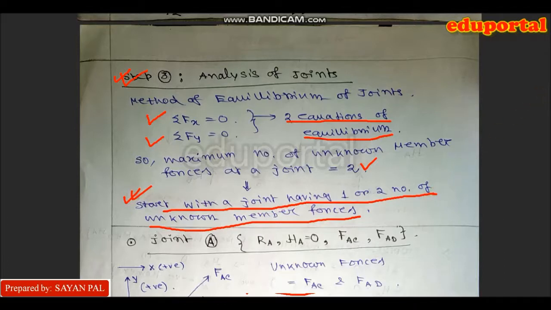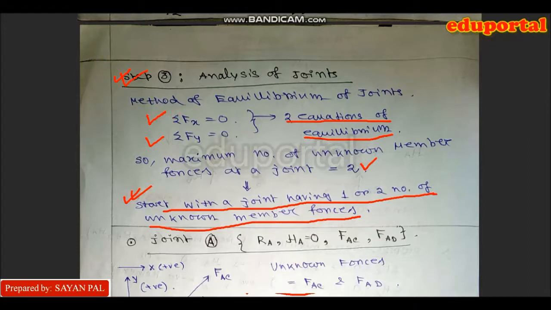If the number of unknowns at a joint is 3, then we cannot solve it by the method of joints at the starting. So we have to start with a joint having a maximum of 2 unknowns, and then we can go to another joint having 2 or 1 unknowns.